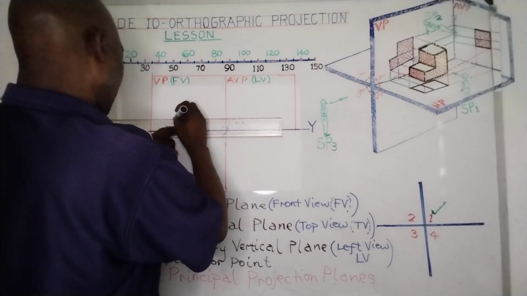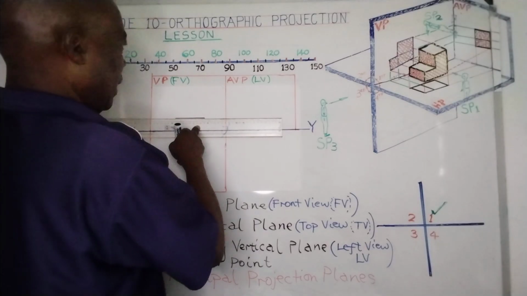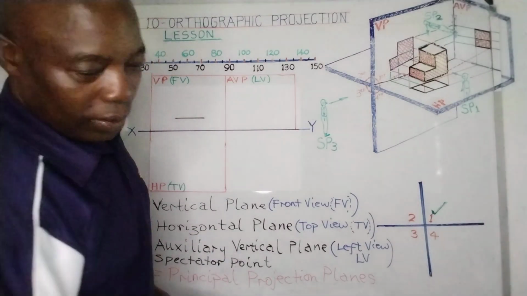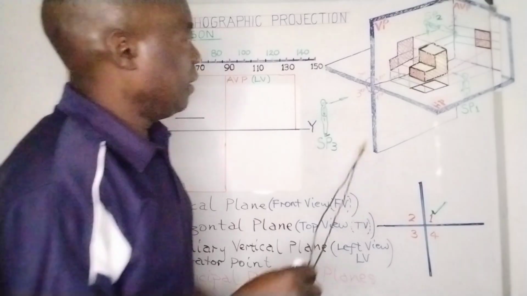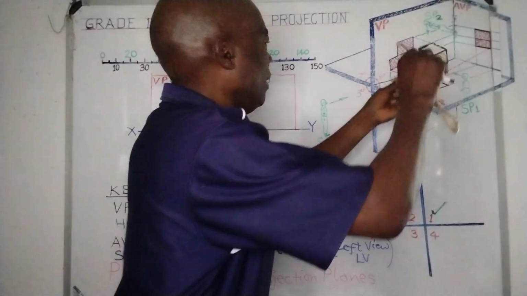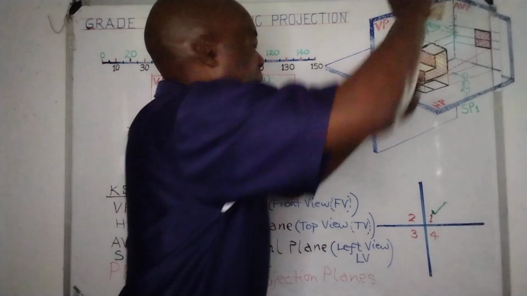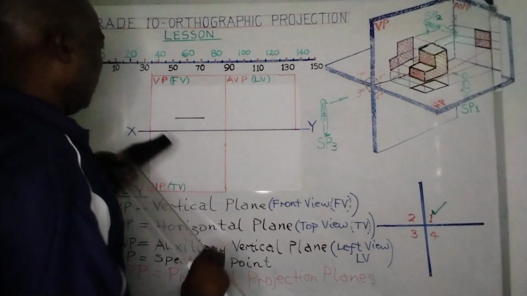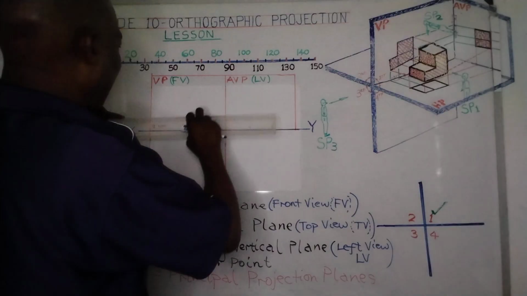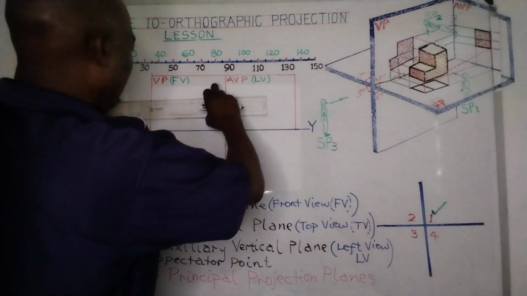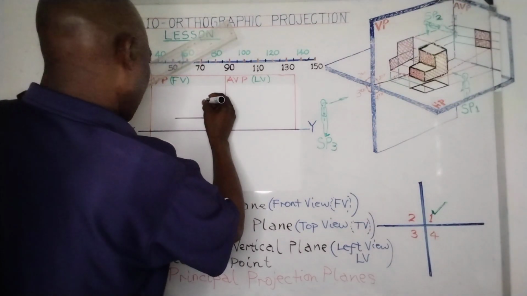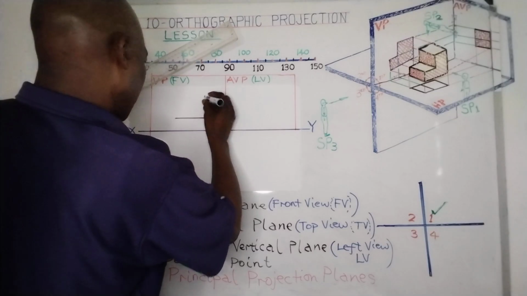Now from there, you go up, and these lines that we see on the vertical plane will be projected right down there. If you swing this horizontal plane open, that line will be a continuation of this. This one will be continuous with that. So we're going to do that. I'm going to draw projection lines now.